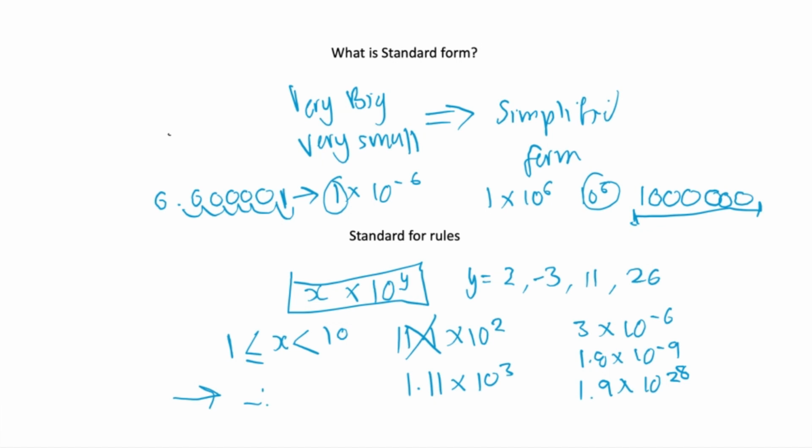So it could be minus 1 or minus 10, for example. But it still has to be in that range. Actually, no, since the minus is the other way around, it has to be bigger than minus 10 and smaller than or equal to minus 1. So for example, minus 1.9 times 10 to the power of minus 4. This is correct standard form.